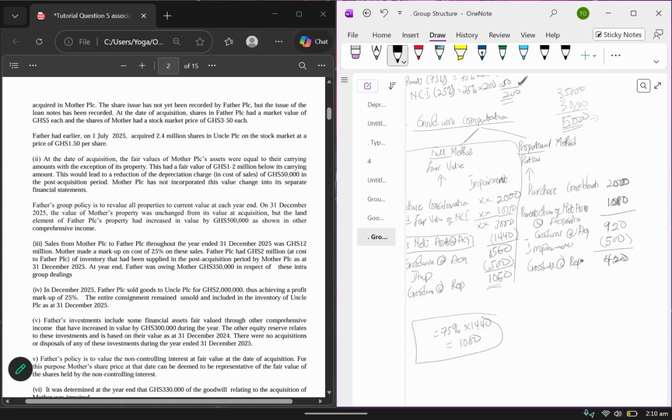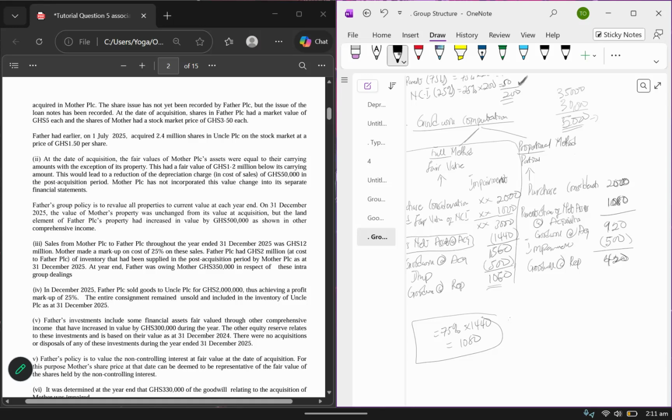So you see that when you're going by the proportional method, the goodwill values become different. Two different things. And then this indirectly will affect the computation of NCI and then group retained earnings, as well as the profits attribution.